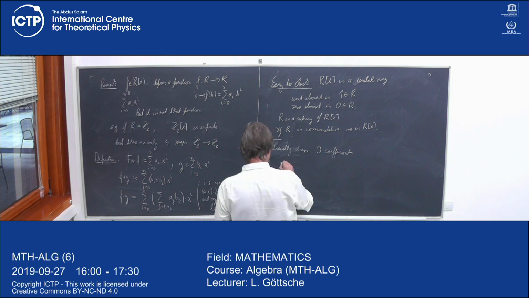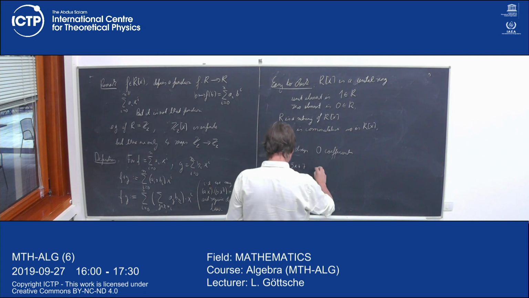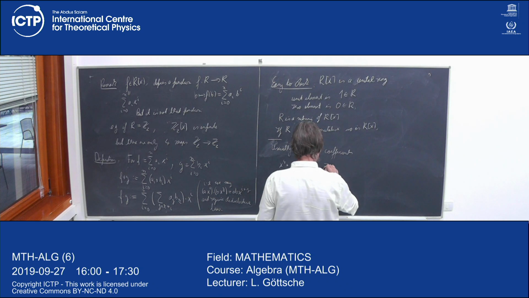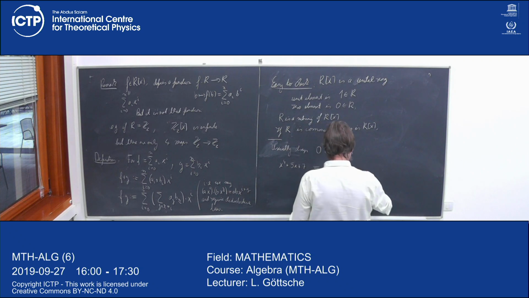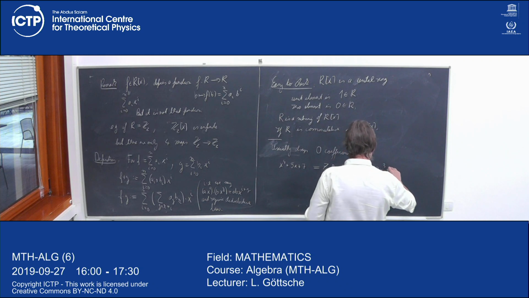So we can, for instance, write x^4 plus 5x plus 7 instead of 7 times x^0 plus 5x^1 plus 0x^2 plus 0x^3 plus 1 times x^4.